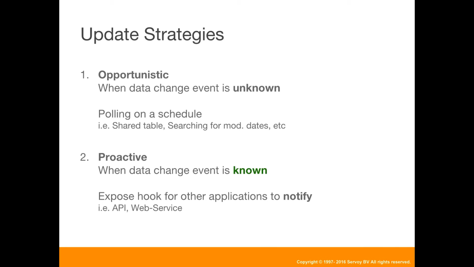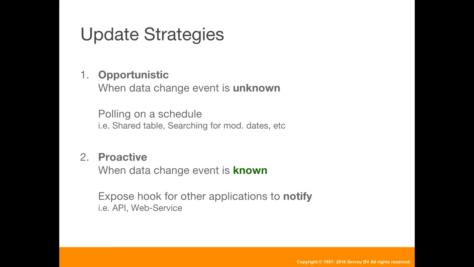But if you do know and you can trap it inside of that other application and do something about it, then you can take a proactive approach. This is nice because it's less complicated and it's real time. You don't have to wait for a scheduled event, and it's a lot less resource intensive because you're not running a constant headless client that's polling some data source.